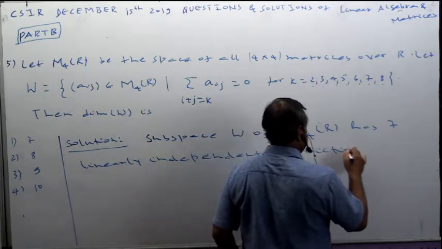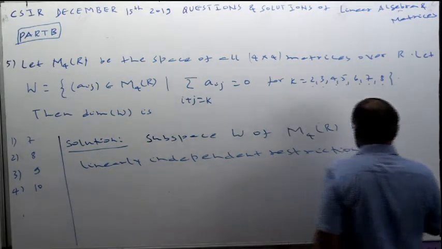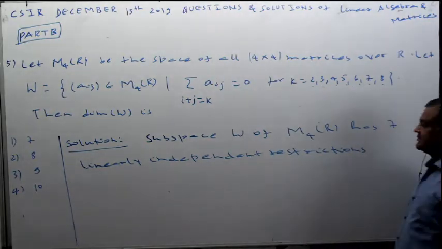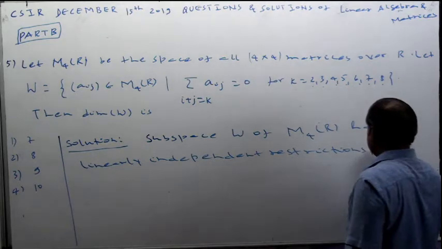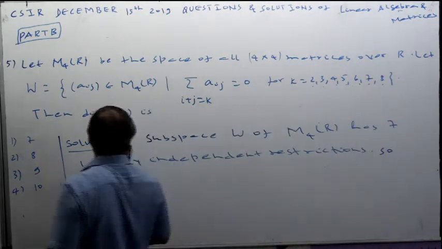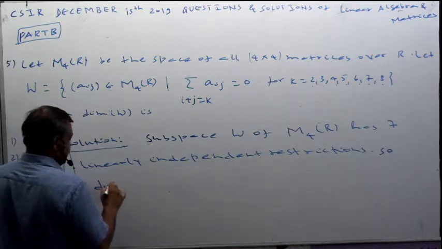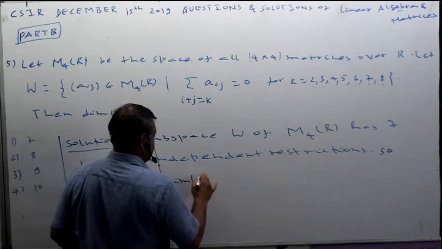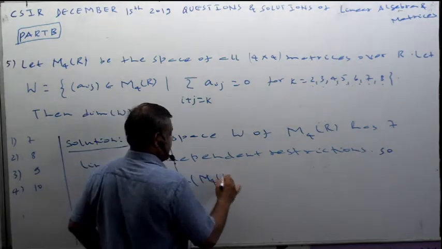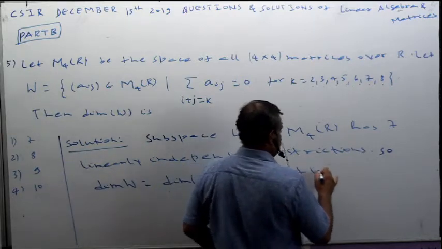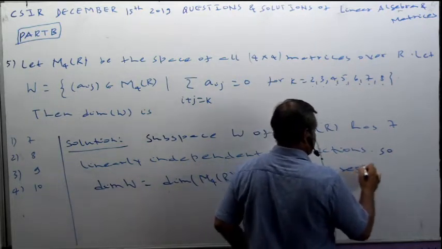All are independent. Each time new ordered tuples are appearing in subscript. So the dimension of W will be the dimension of M4R minus the number of linearly independent restrictions.